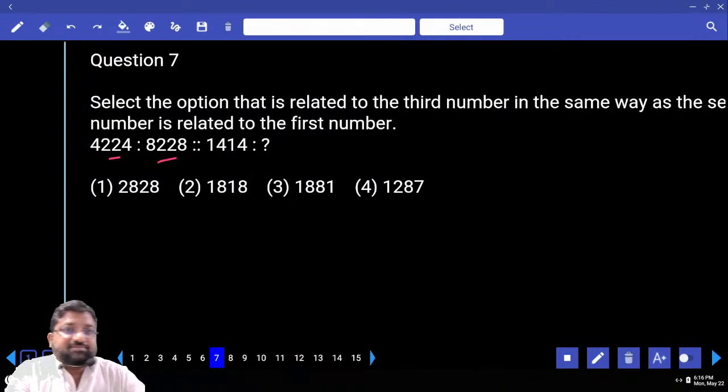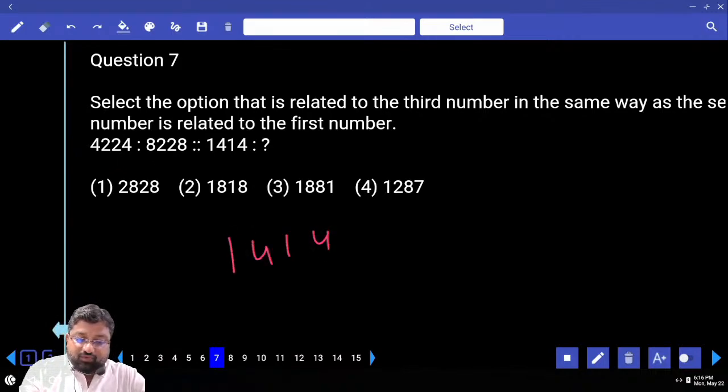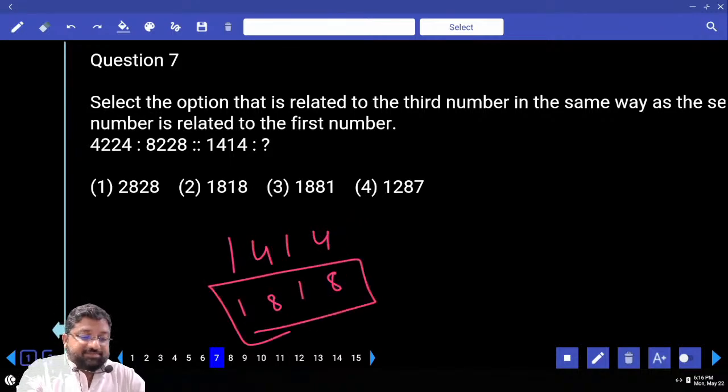Now this, if you observe carefully here, two numbers are the same, but there is only one number which is going different. What's that? What did 4 become? If I also go with the same system, 1 4 4 4 should become 8. The other number should remain the same, so 1 8 1 8. Do you have 1 8 1 8 in the options? Yes or no? There is only one number which is changing. What is that number? 4. The other number is the same. 4 is taken as 2 times of 4.